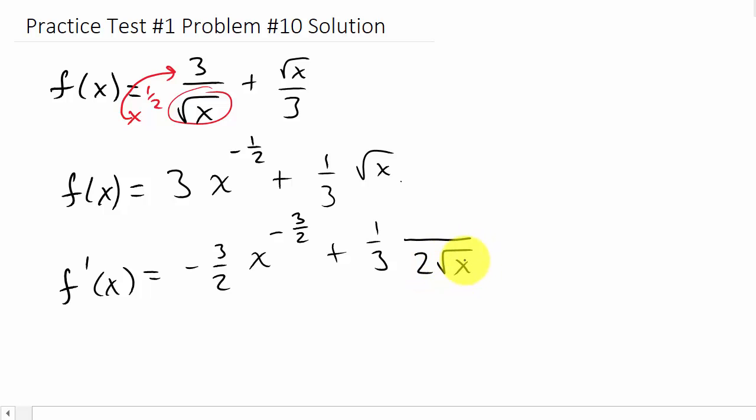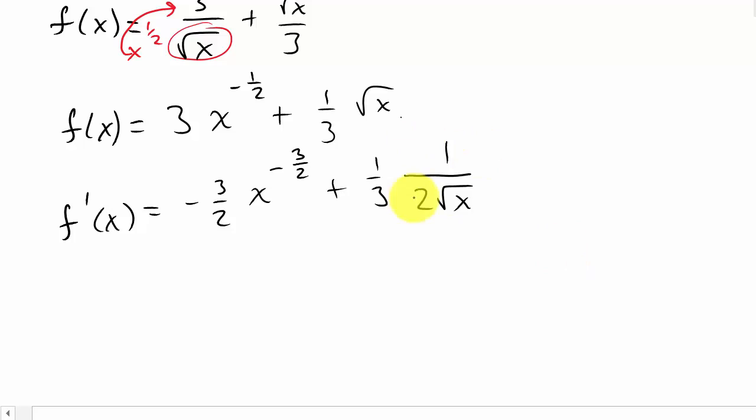Doesn't matter what's under the square root, it's always going to be 2 times the square root of whatever that function is underneath it. Like I said, check out the other video where I explain it more. And then in the numerator is the derivative of what's underneath the radical. So the derivative of x is 1, and that's it. That's your derivative of square root of x.